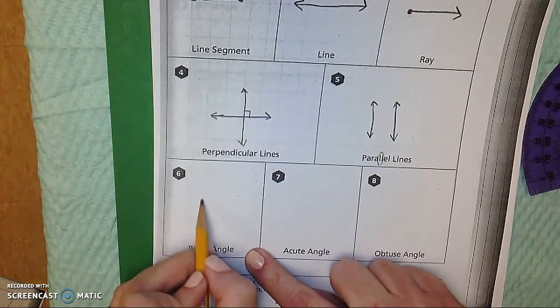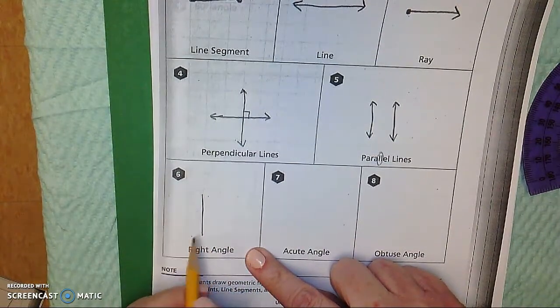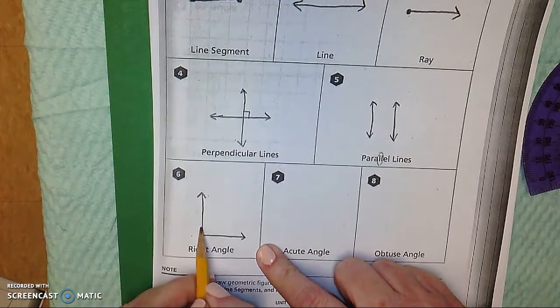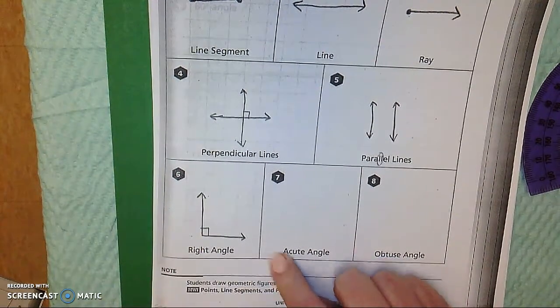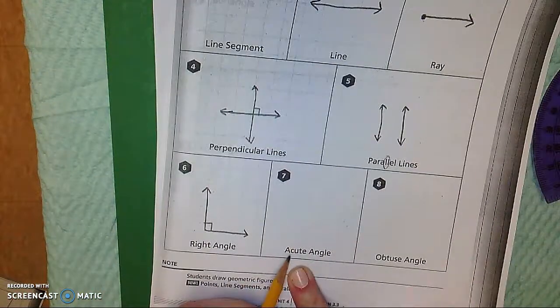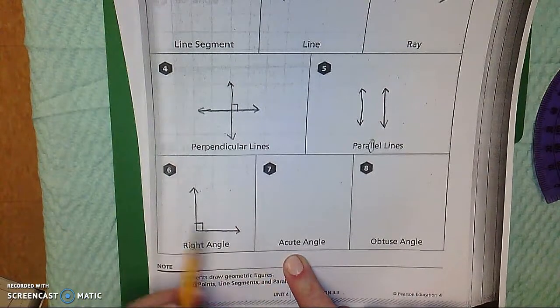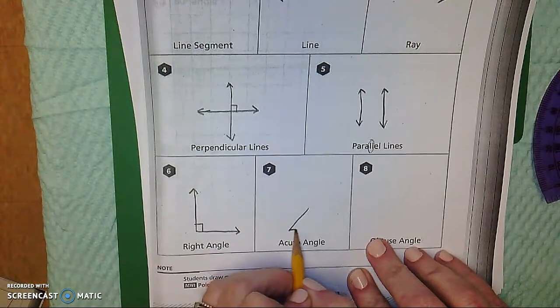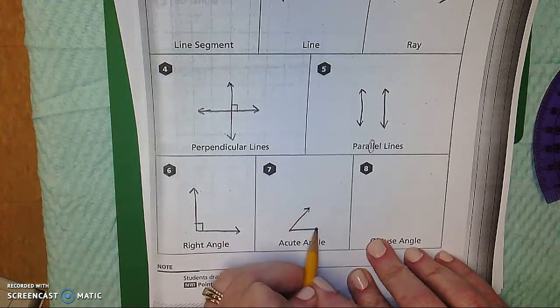A right angle, we know that it goes straight up and down and straight left to right. It looks like an L. We can draw our little box right there in the corner. An acute angle, now you may have something different here, but you want to make sure that your acute angle measures smaller than this right angle. So I'm going to make mine smaller than my right angle.